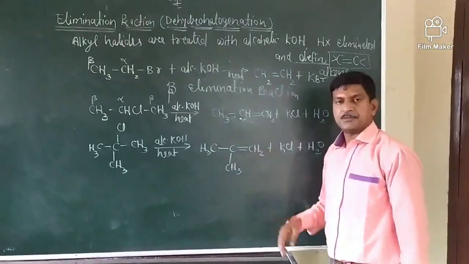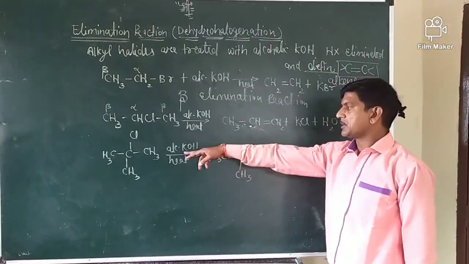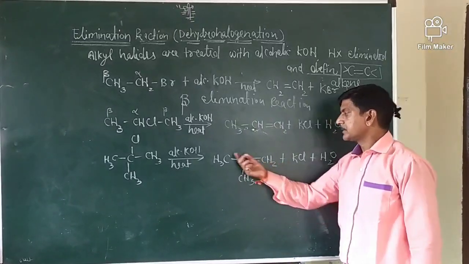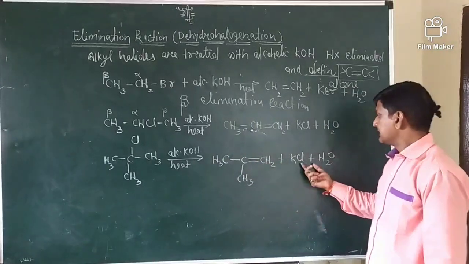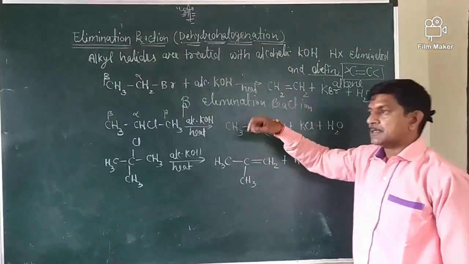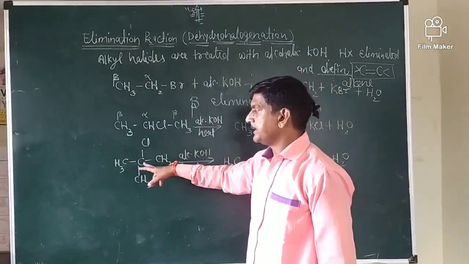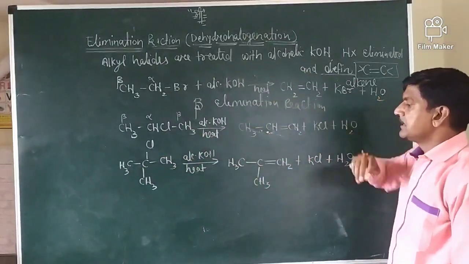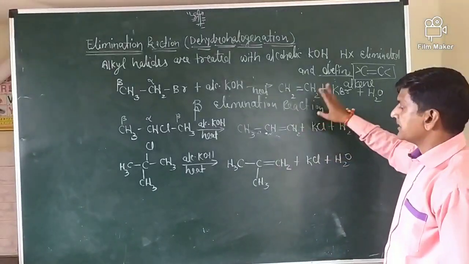Tertiary butyl chloride converts into 2-methyl propene. This is known as beta elimination reaction because hydrogen atom from the beta carbon atom and halogen atom from the alpha carbon atom is eliminated. That's why this is known as beta elimination reaction.